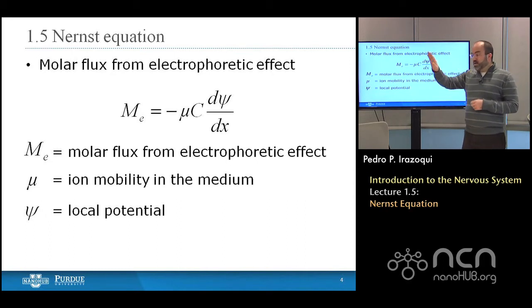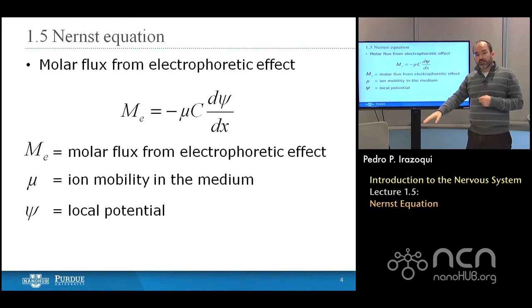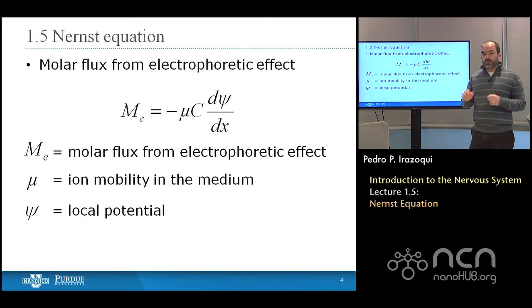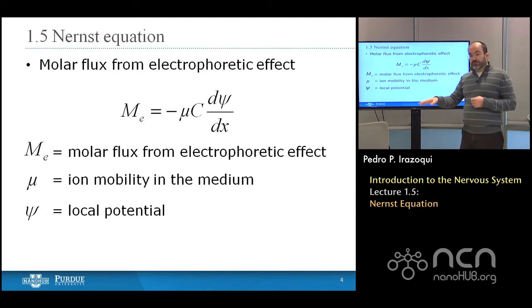So when you're going to more positive voltages, you'll have a positive derivative. But our potassium ions aren't attracted to positive, they're attracted to negative. So we'll want to take the negative again. So it's the negative derivative of the local potential with respect to distance across the membrane that will give you the direction that the potassium ions wish to flow, and any positively charged ion wishes to flow in the presence of an electric field. And then we have two constants.